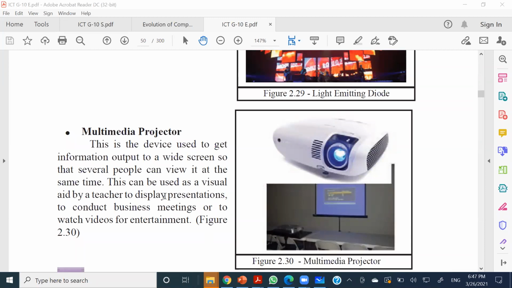So for a projector, we need a specific place to project our multimedia projector. Otherwise, we can't just direct the projector at the atmosphere and see the pictures.